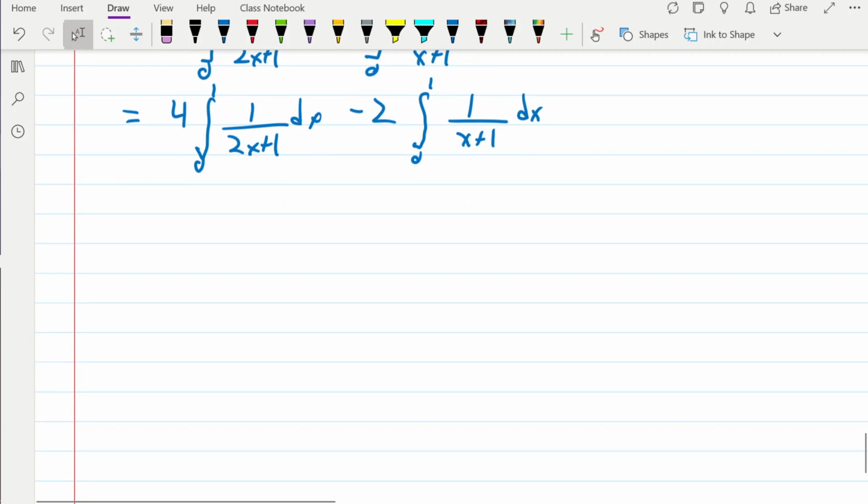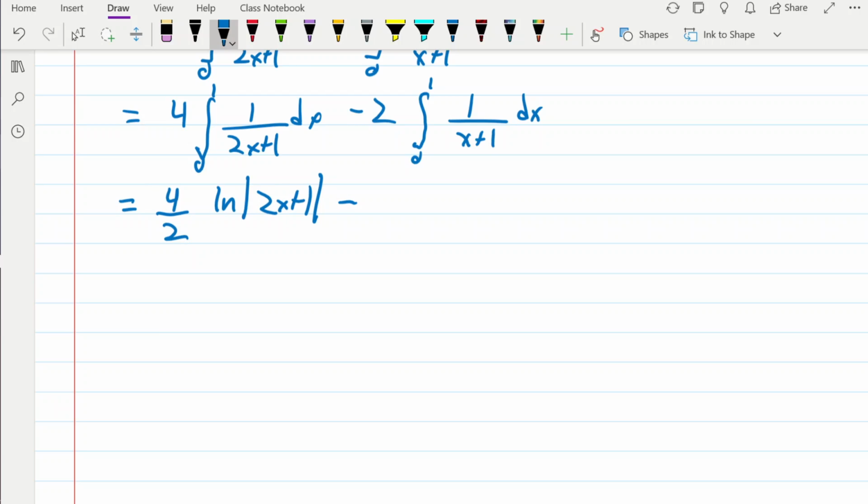All right, so we could do these substitutions, but we did do it a couple of other times further up on the previous problem. So I am just going to skip over those steps. So this is going to be 4 over 2 ln of 2x plus 1 minus 2 ln of x plus 1.